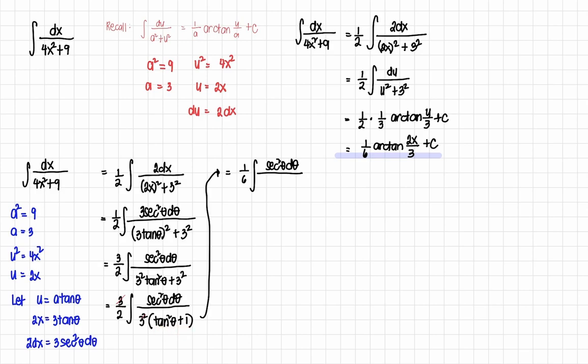From the Pythagorean identities, that is equal to secant squared theta. Now we cancel out secant squared theta. What remains is 1/6 integral of d theta. And the integral of d theta is theta plus c.